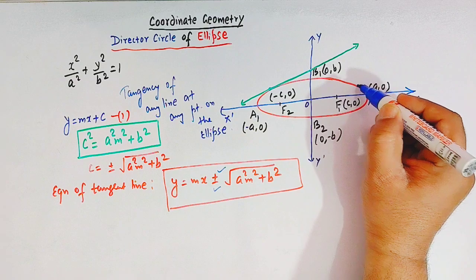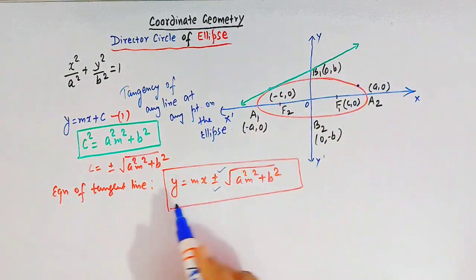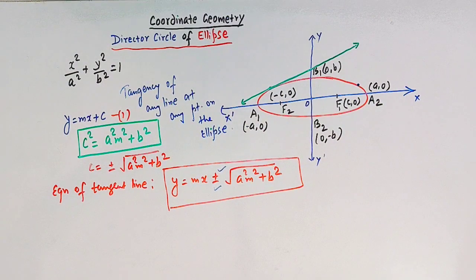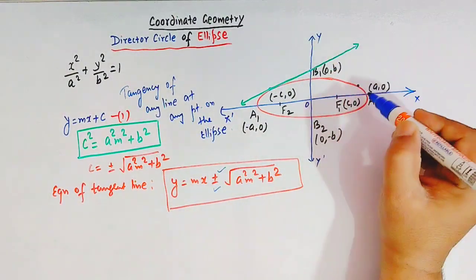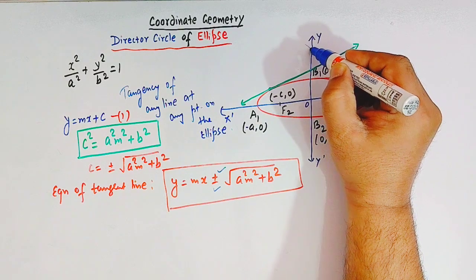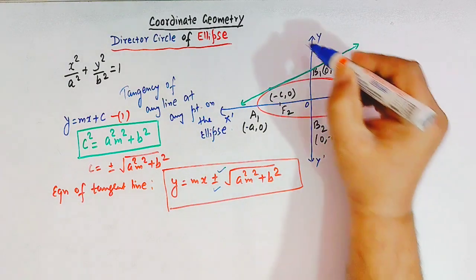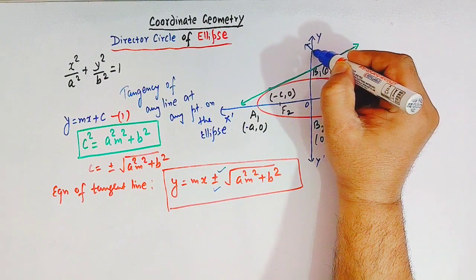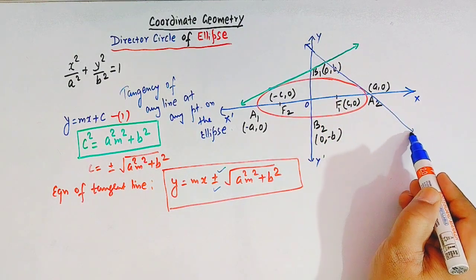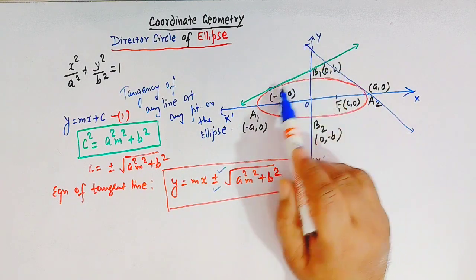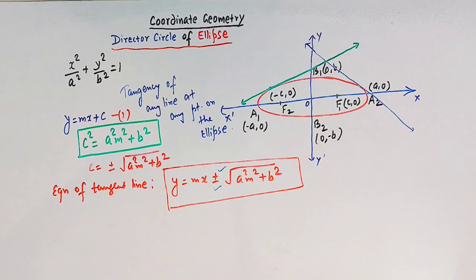Suppose here we have a point and the line is tangent to this ellipse. Let us draw the second tangent here. The second tangent goes like this. This is a rough diagram. So now we have two tangent lines on the ellipse.